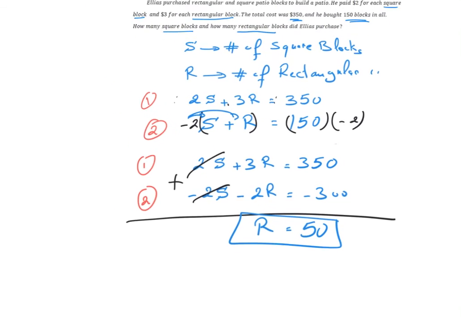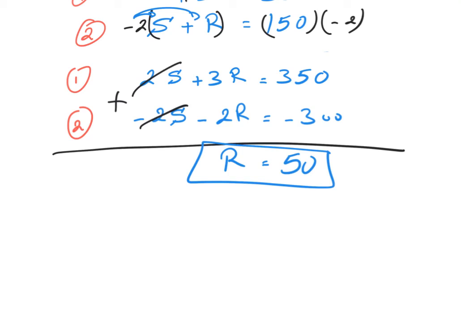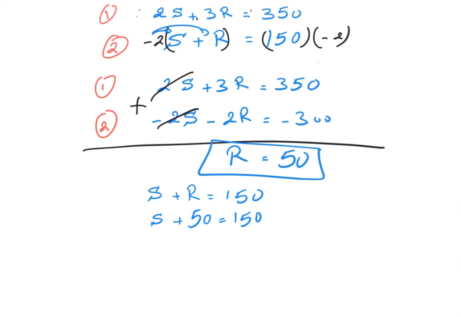And if I want to get S, well, we know from the second equation that S plus R is 150, and since R equals 50, we're just going to solve for S here.